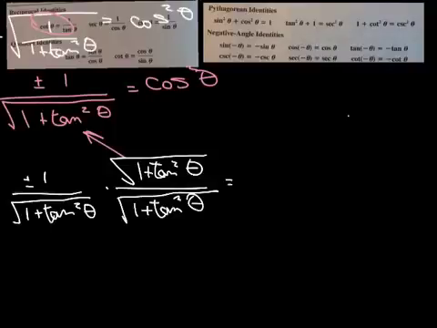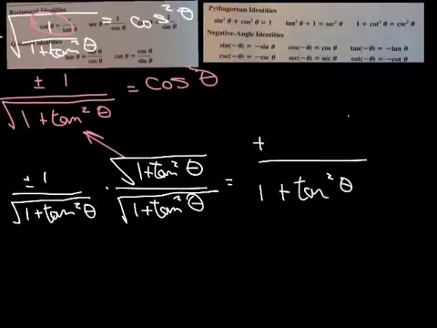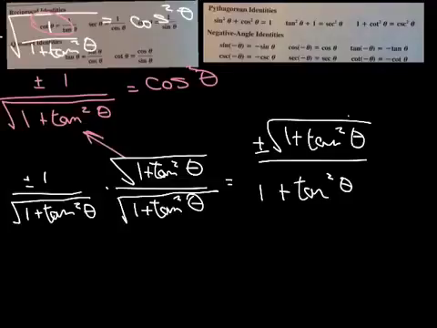That takes the square root off the bottom. That's all we are doing. And we've got plus or minus 1 times the square root of 1 plus tangent squared theta on the top. And we are done. We just set this whole thing equal to the cosine. Alright?